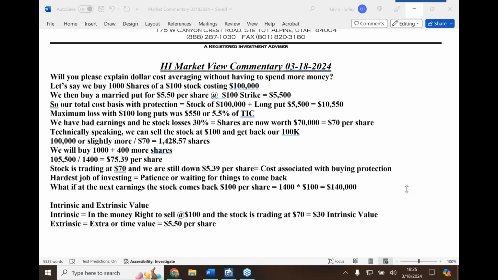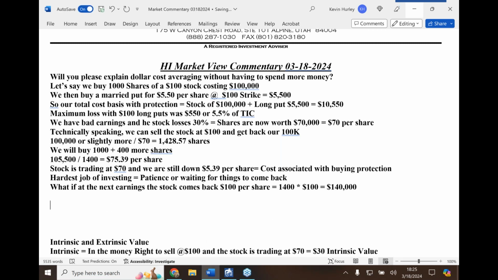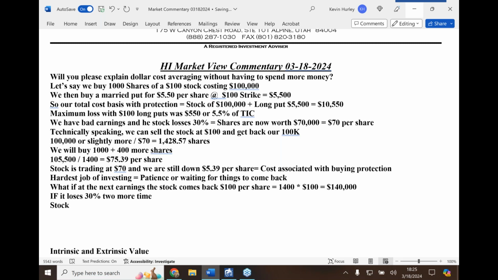And again, if we put this into perspective, if it loses 30% two more times, that means the stock goes to $49.